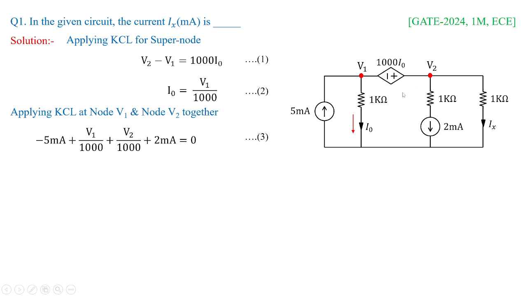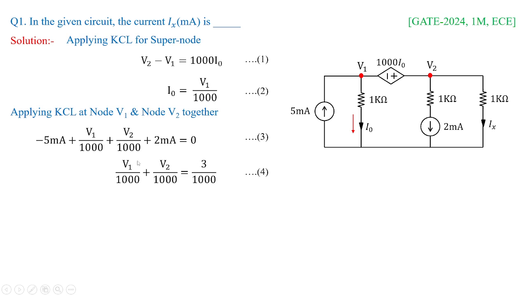Apart from the supernode concept, we have to take the other node also into consideration, that is V2 by 1000, which is nothing but the current Ix, which is also a requirement. So it becomes V2 by 1000 plus, if 5 milliamperes comes as input and 2 milliamperes goes as output, I can treat one as negative and one as positive. Based upon that, I have framed this equation 3.